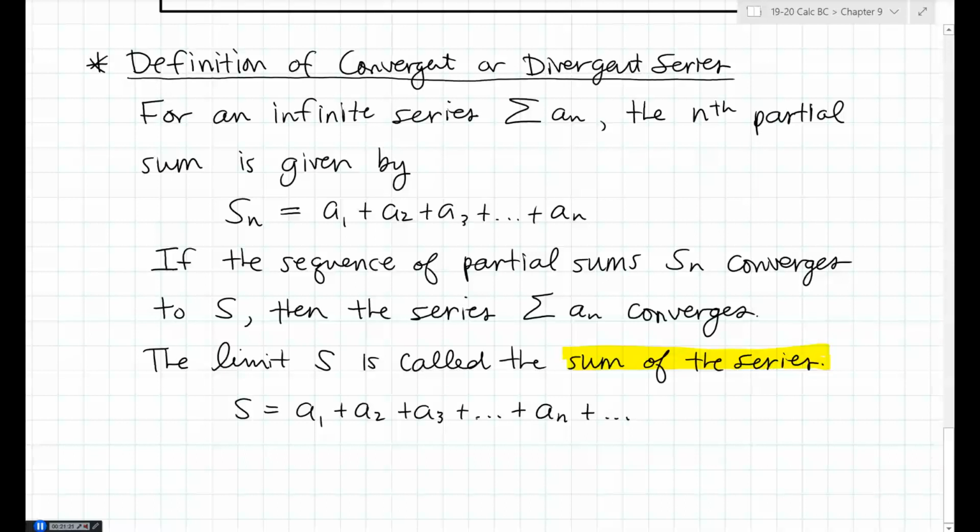S is just like the infinite sum. Now, if s sub n diverges, then the series diverges.